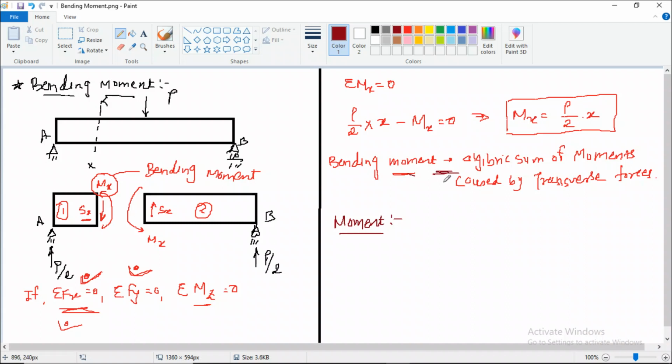Now what is moment? Moment is the summation of moments due to all loads, and this sum should be equal to 0 for equilibrium.